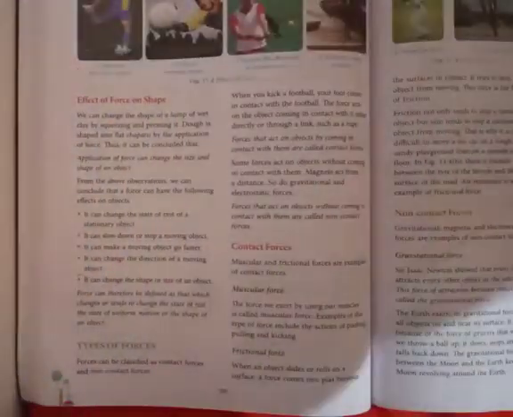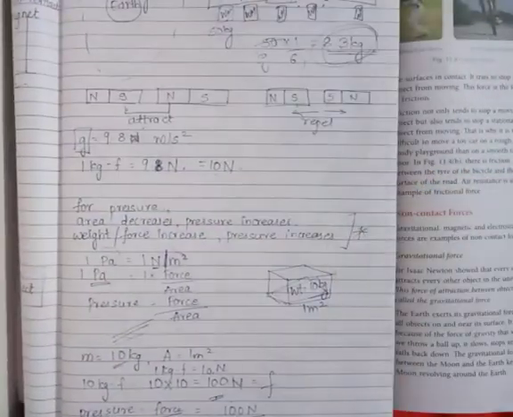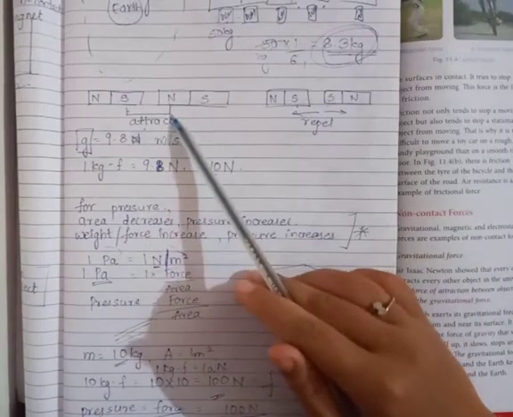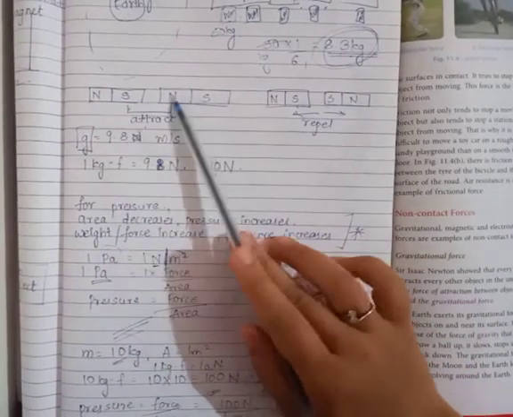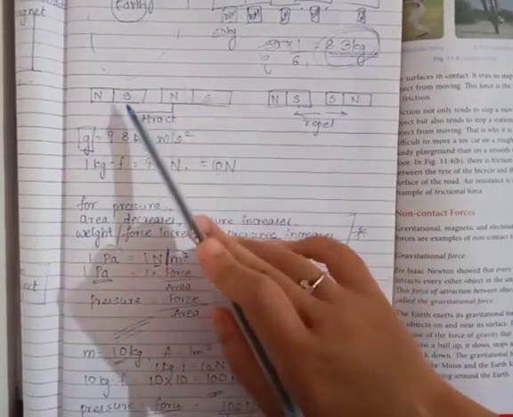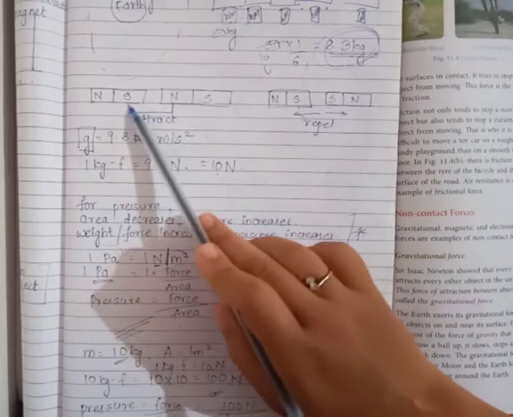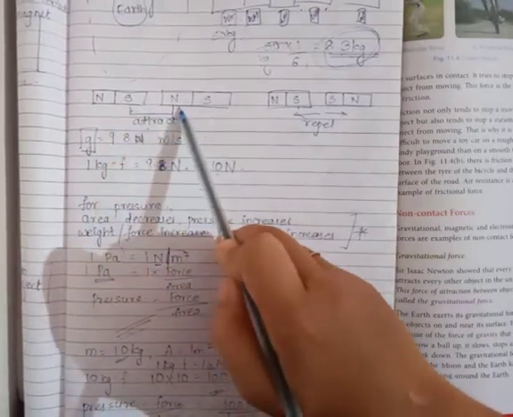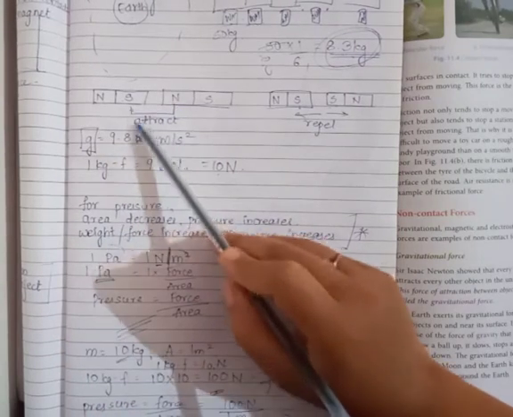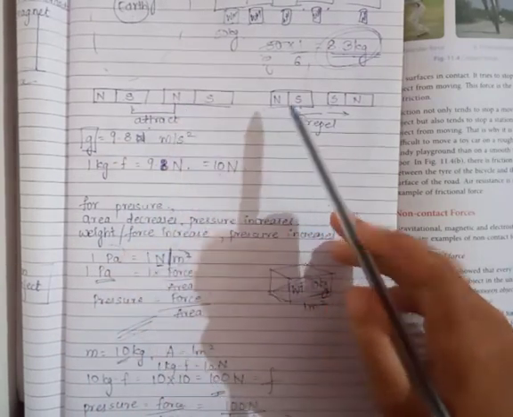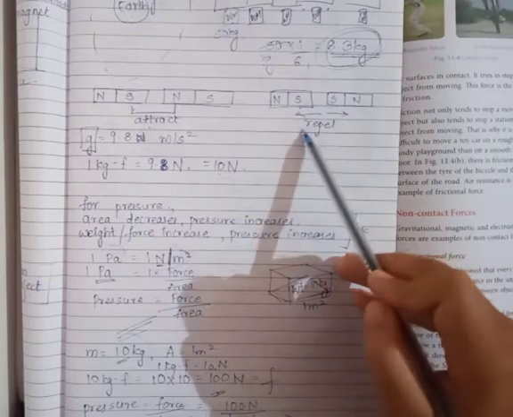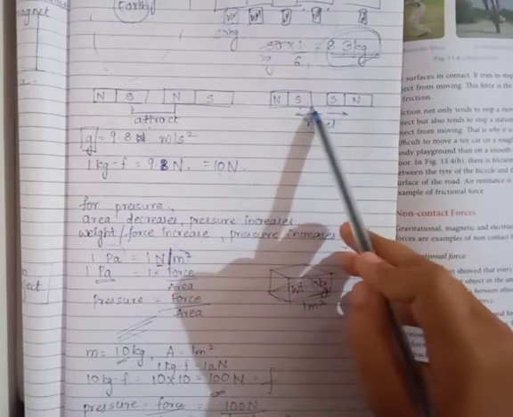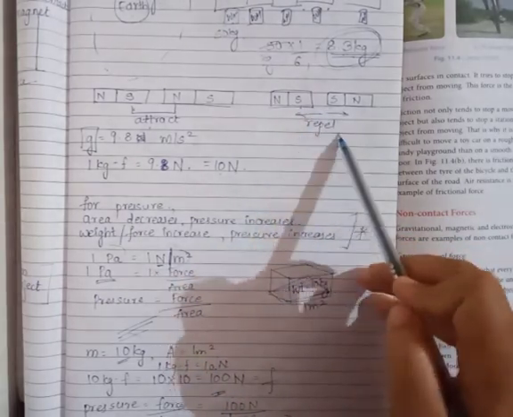Next, unlike poles of a magnet always attract each other. So south and north are unlike, opposite poles, so they always attract each other. Whereas if like poles are placed facing each other, they will repel each other.